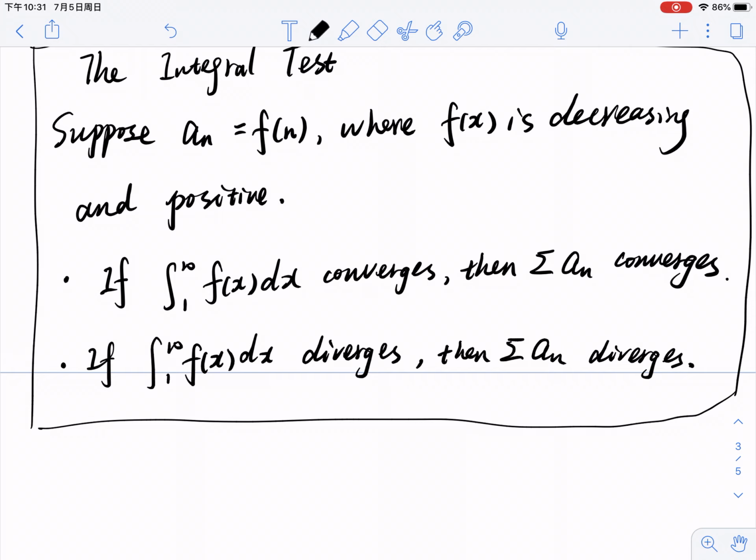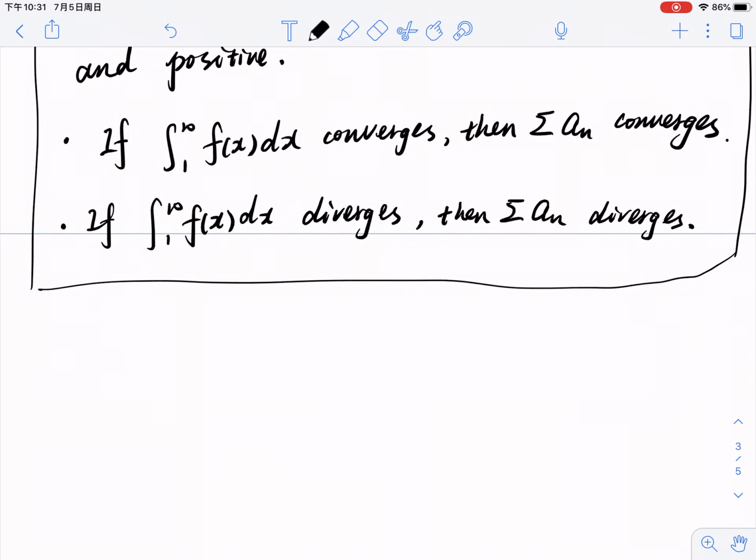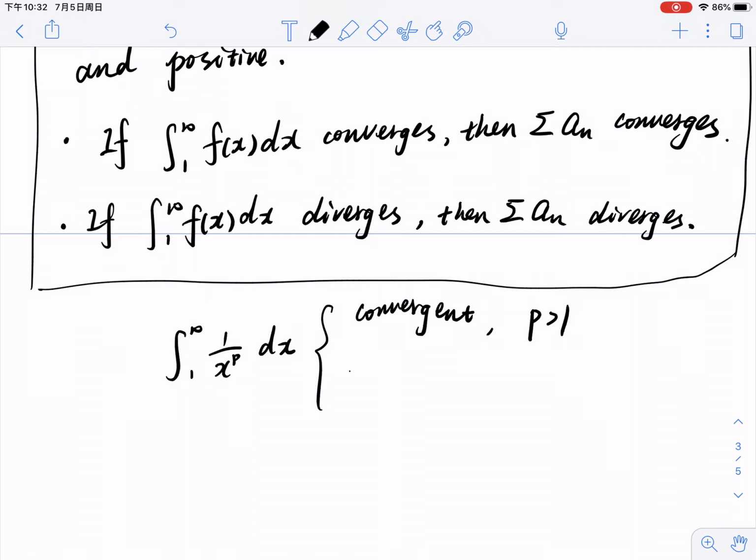Recall that in chapter 7, we studied the infinite integral of 1 over x to the power p from 1 to infinity. This integral was convergent for p greater than 1 and divergent for p less than or equal to 1.